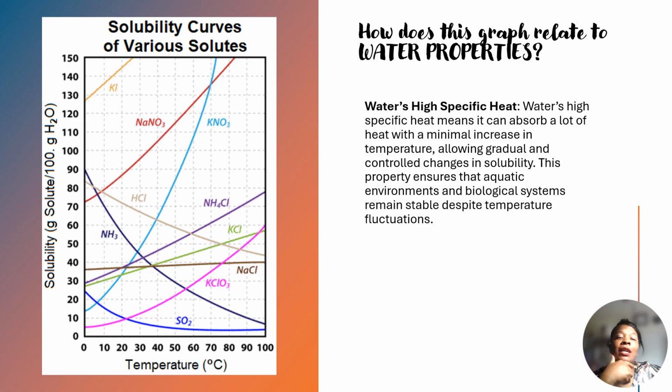So when you think about water's high specific heat, there's that vocabulary word again. What you need to know is that it can absorb a lot of heat with a minimum increase in temperature, allowing gradual and controlled changes in solubility. This property ensures that aquatic environments and biological systems remain stable despite temperature fluctuations.